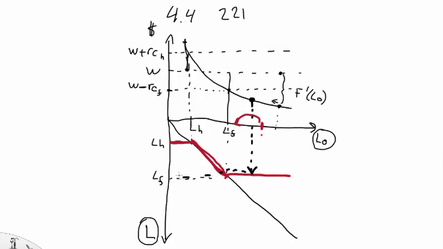Then we move straight across like this until we see that we are at the LF level. And then we know that next period we will be at the LF level, and then we will stay there until something exogenous happens to either the number of people employed, because some people quit, for instance, or something happens to the technology so that the marginal productivity changes, or something happens to the wage. I hope that was understandable.